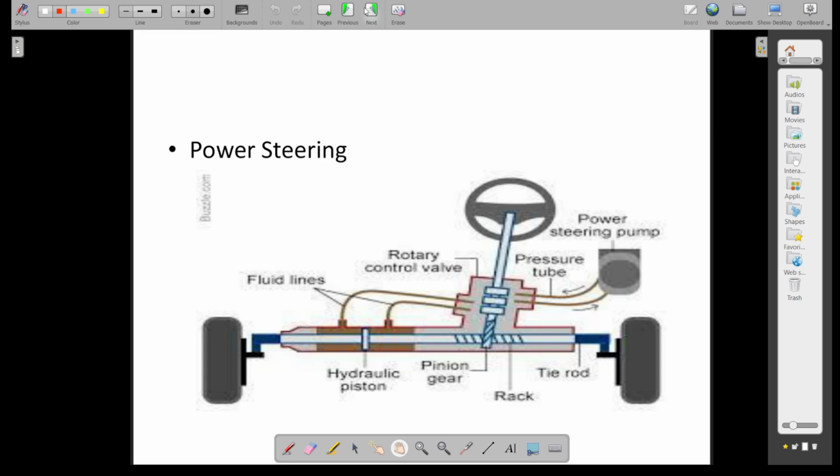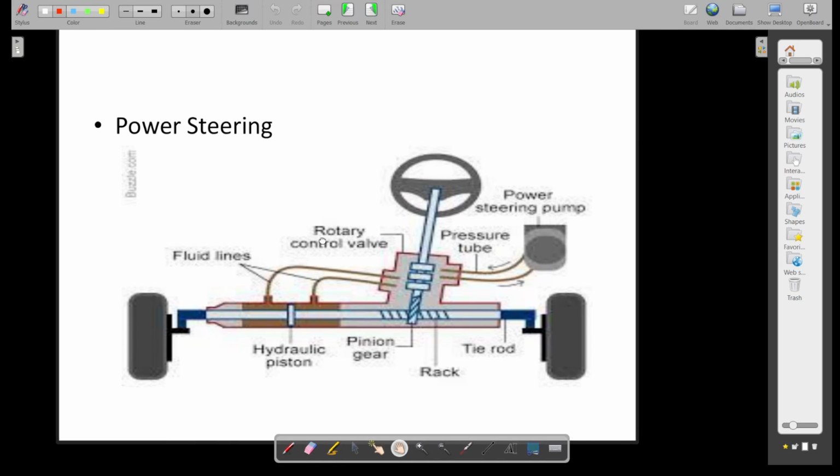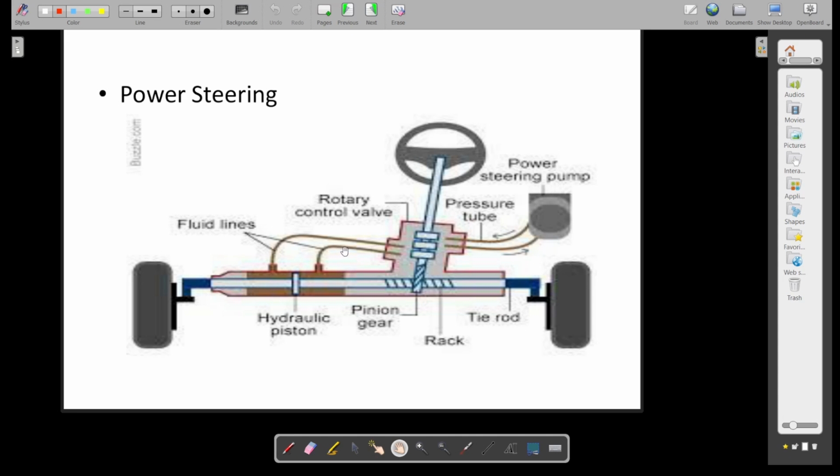This is another method. The most basic method that is being used, you should understand, is the rack and pinion mechanism. If you have driven vehicles, the low cost vehicles such as the Maruti 800, they don't have power steering.